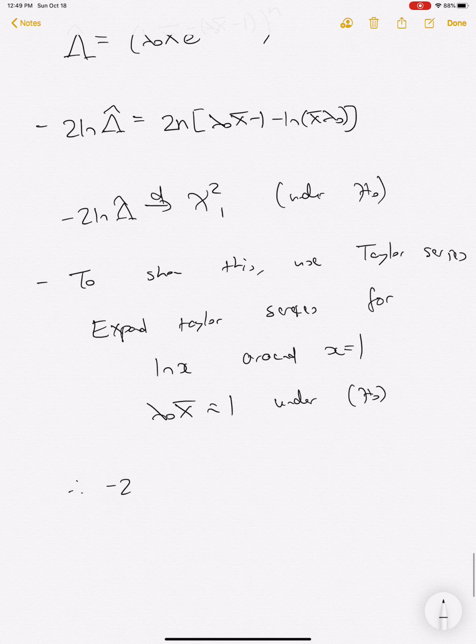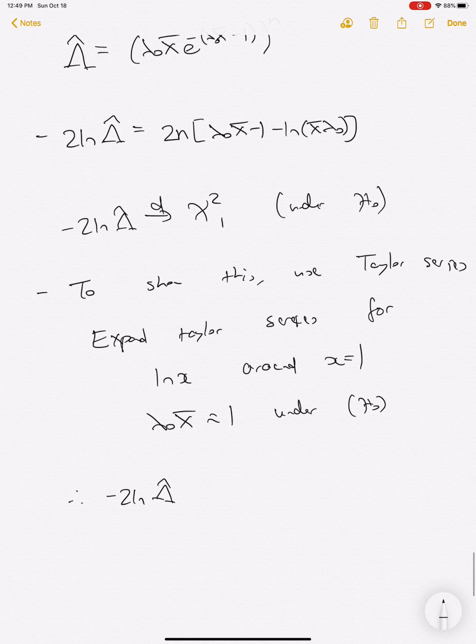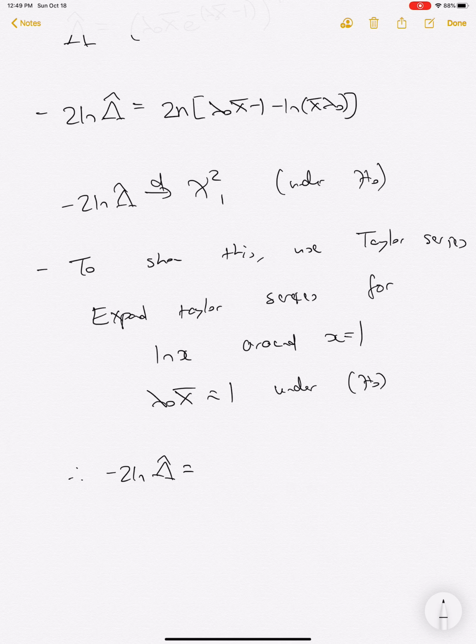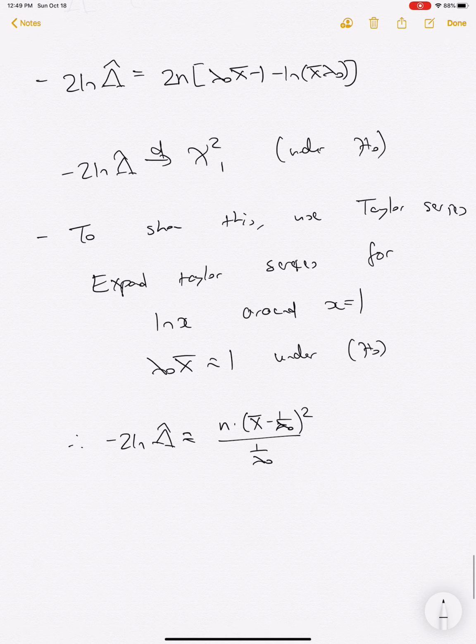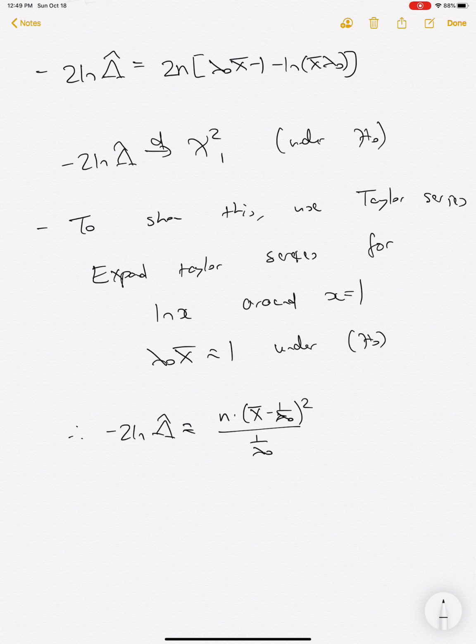So you can see that what you'll get is something that's just going to be a square. It's going to be n times x bar over 1 over lambda 0 squared over 1 over lambda. And this converges to chi-squared 1 by the CLT.